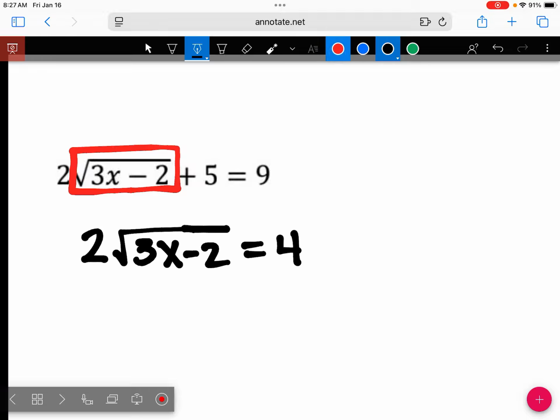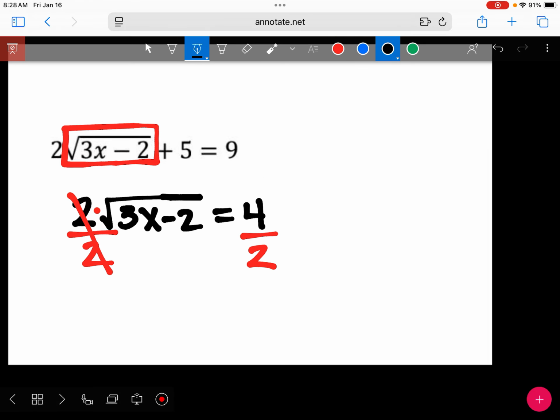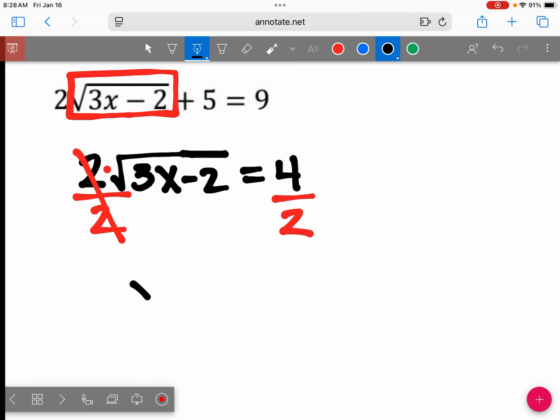The second imposter is the 2. The 2 that's being multiplied, that's an imposter. We got to get rid of it. The opposite of multiplying by 2, dividing by 2. So now I'm down to the square root of 3x minus 2 equals 2.